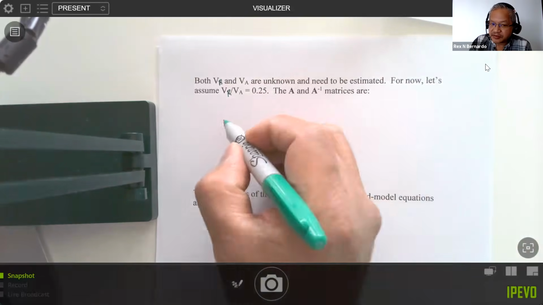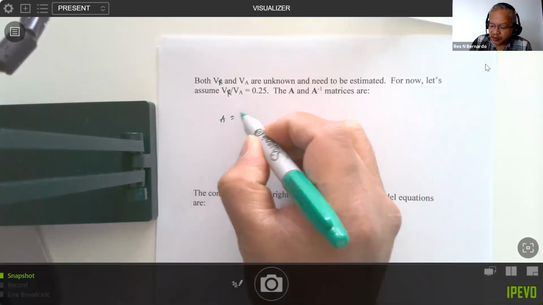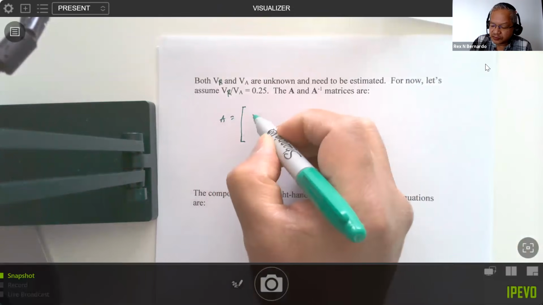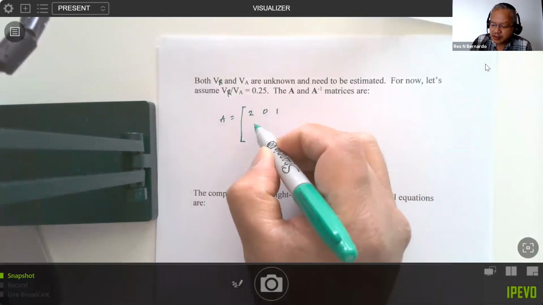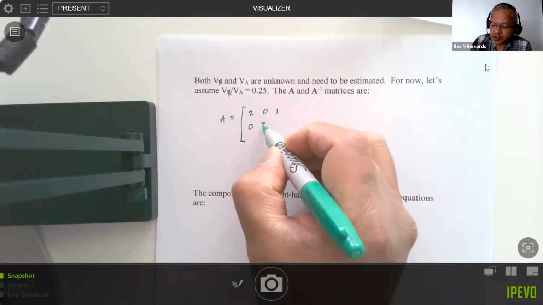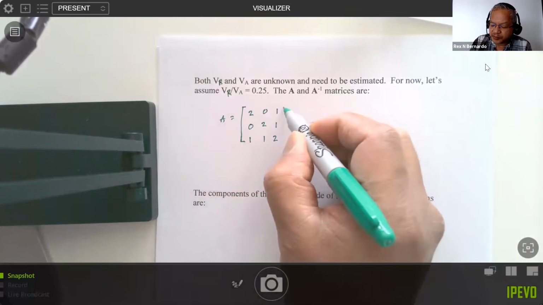The A matrix, we said, is equal to twice the coefficient of coancestry. So 2, 0, 1, 0, 2, 1, and then 1, 1, 2. We obtained that earlier.